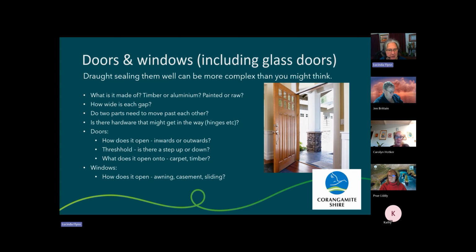I'll talk through some of the common seals for doors and windows, but what I also recommend is looking online for some YouTube videos on specific draft proofing jobs. And one good place you can get them is if you go to the EcoMaster store, that's EcoMaster. They have videos that are just free for anyone to look at for a whole range of draft sealing jobs.